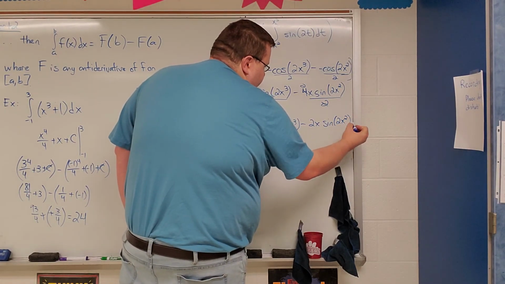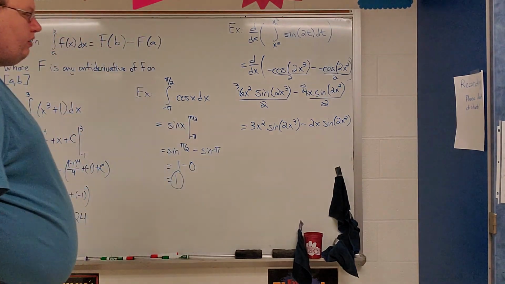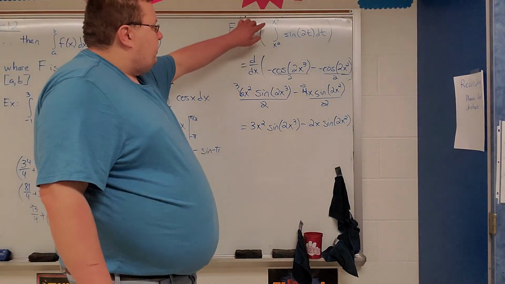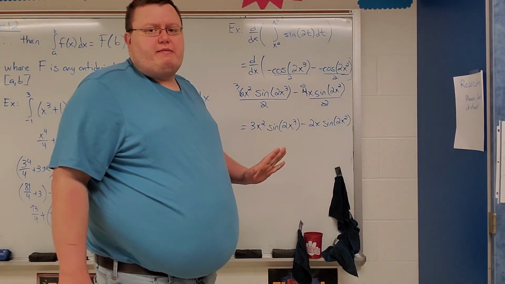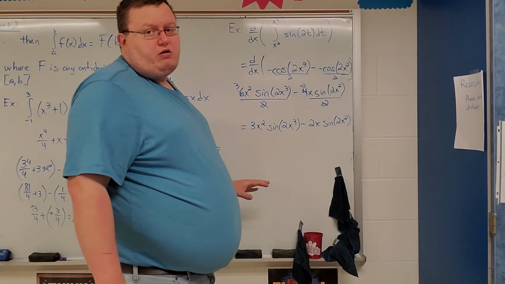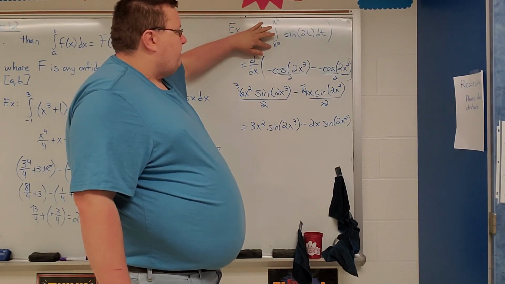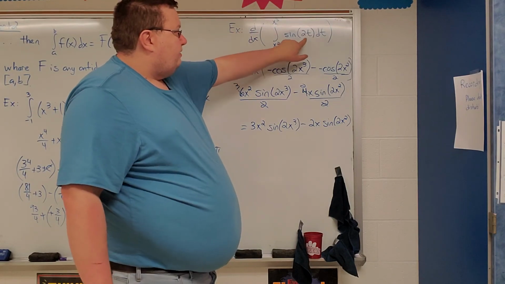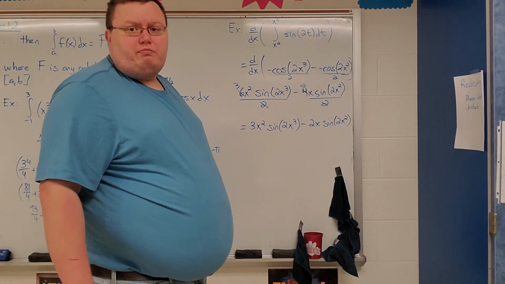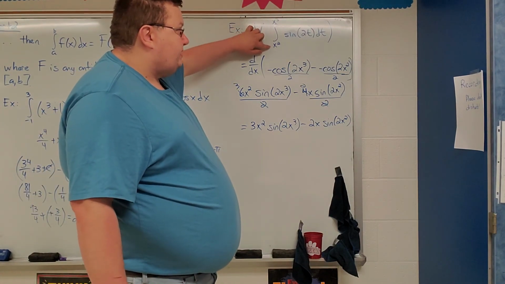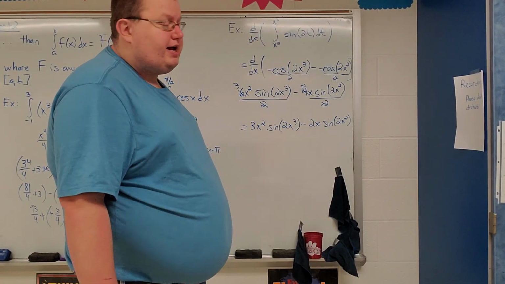Now, connecting this back to part 1, I'm going to show you how this would have been a lot easier. If we just did this with part 1 and didn't think about part 2, I would simply plug in the top bound, plug in the bottom bound, and subtract into that function, but multiply by the derivative of these inside functions, x cubed and x squared.